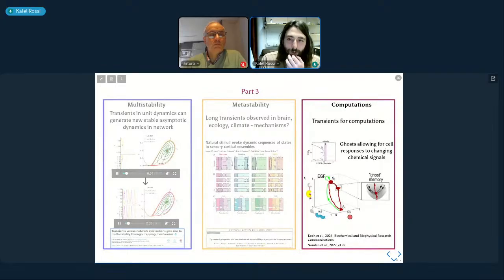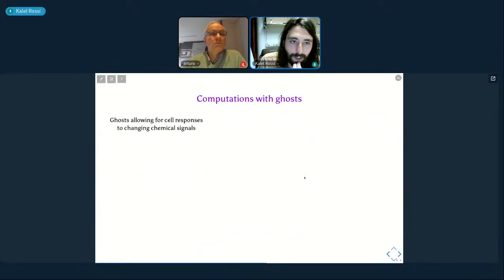And just to mention how ghosts can be useful, I selected 2 papers here from the group. So for instance, now shifting gears a bit from models into actually living systems, so cells. They were interested in how cells navigate in an environment with changing chemical signals. How typically this is modeled is to think that a cell receives a certain signal, it goes to an attractor, and this attractor corresponds to the cell moving in a certain direction.